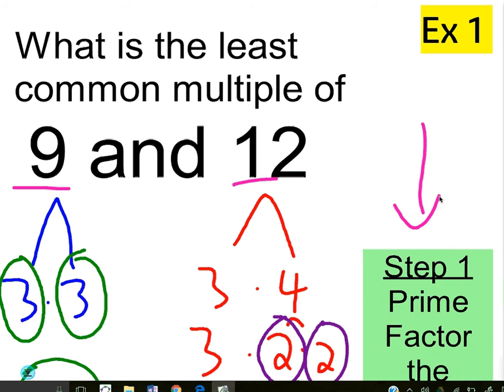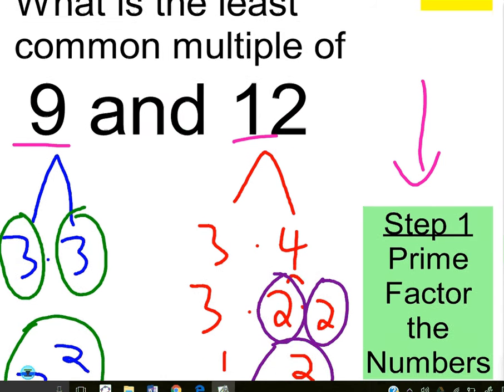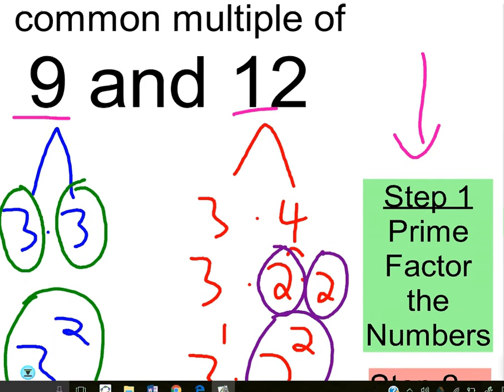So just like with GCF, we are going to find the prime factorization of both numbers. We know that 9 is 3 times 3, and 12 is 3 times 2 times 2. Step 1 is the same as GCF: you're going to find the prime factorization of both numbers.